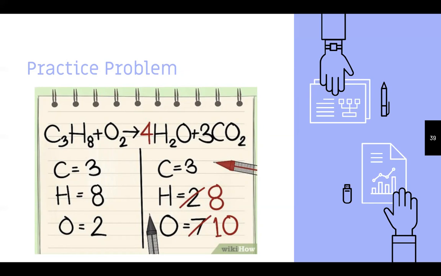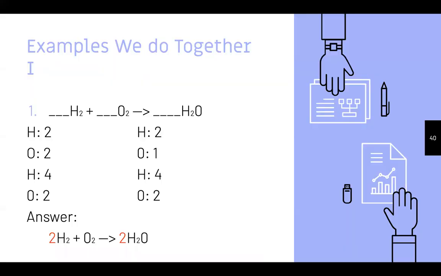Now the trick here would be, because carbon is already balanced, let's not worry about the carbon, because it already gives you that 3 out in front. And for the 4, by adding that 4, it makes the hydrogen equal right off the bat. And you can then see that the oxygen becomes equal as well, right? Examples.